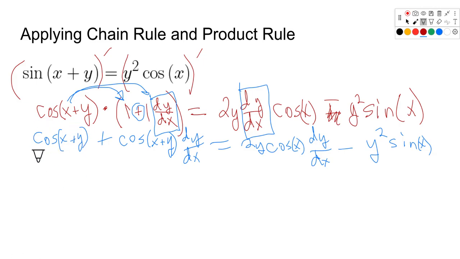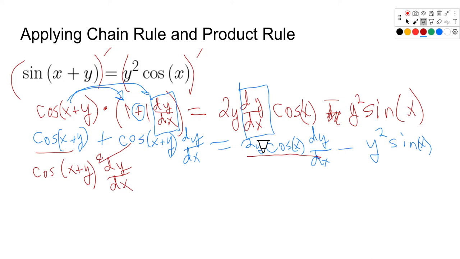Anything that doesn't have a dy dx, I'm going to move this over so it's positive on this side, right? It's going to become negative on this side. I'm going to do the same thing. I'm going to move this one to the left side, subtracting it, so it's going to become negative over there. So I'm going to rewrite this as the cosine x plus y, and that's this part here, dy dx.